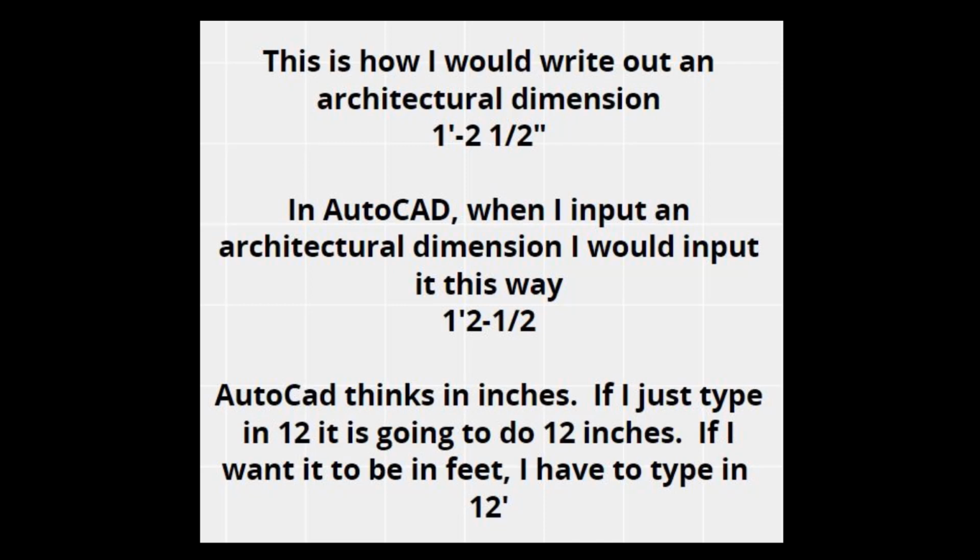If I am doing decimals, I can put in 1/2 as 0.5. So another possibility would be I could put in 1, the foot mark, 2.5, and I don't have to put the inch marks on the end of that because it knows that that is inches. You will see me typically always put the foot and the inch marks.